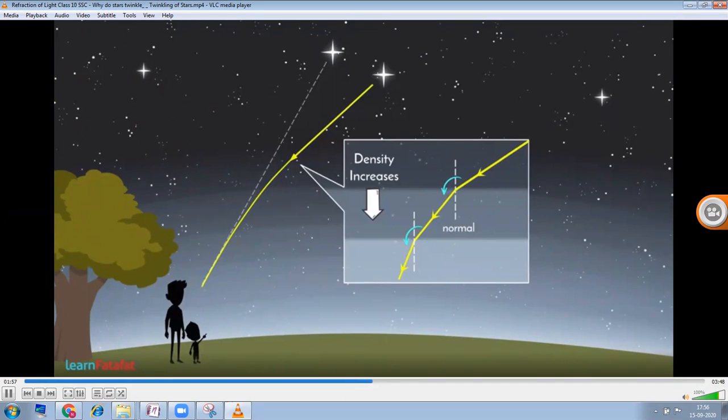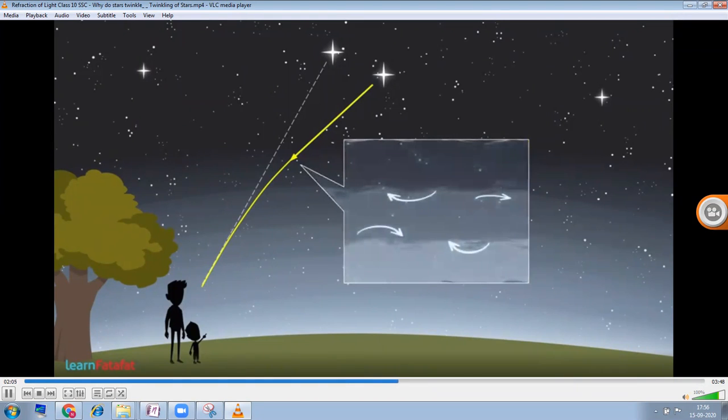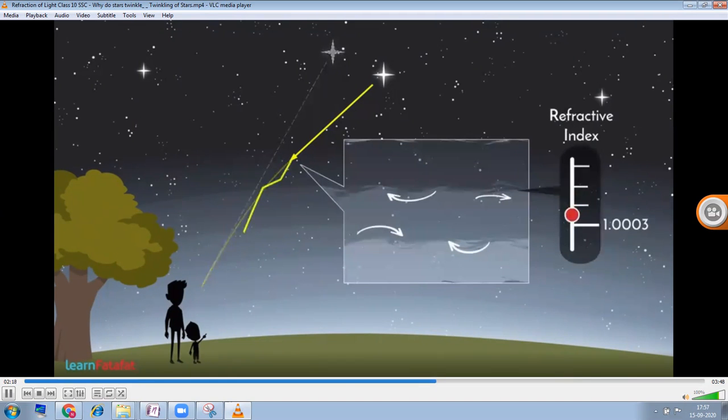Now air is a fluid. It has the property to flow. So there are continuous and random variations in every layer of the atmosphere. These changes result in random changes in the refractive indices of the layers. So if the refractive indices of these layers are not steady, how will the apparent position of the star appear steady?